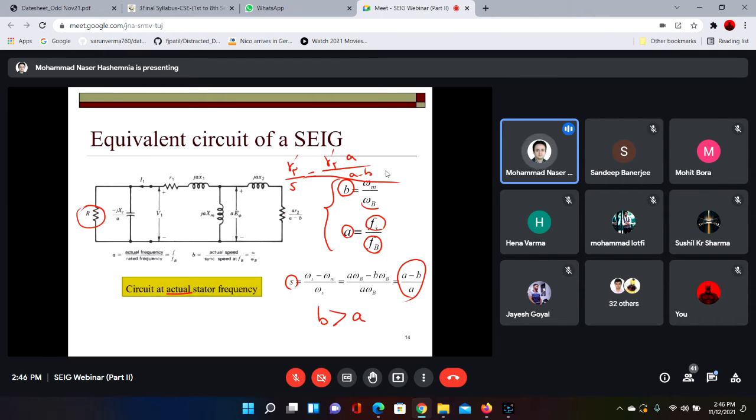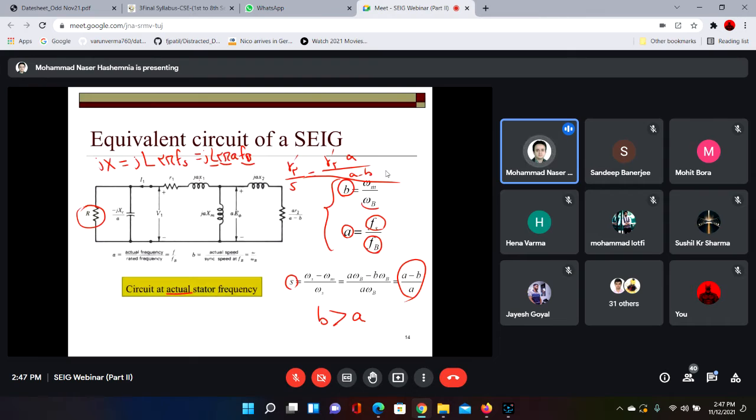jX is equal to jL times 2π stator frequency, and the stator frequency is A f base, so it is jL 2π A f base, and so we have a reactance 2π f base L, and the actual reactance will be jAX, jAXm, jAX1, jAX2.